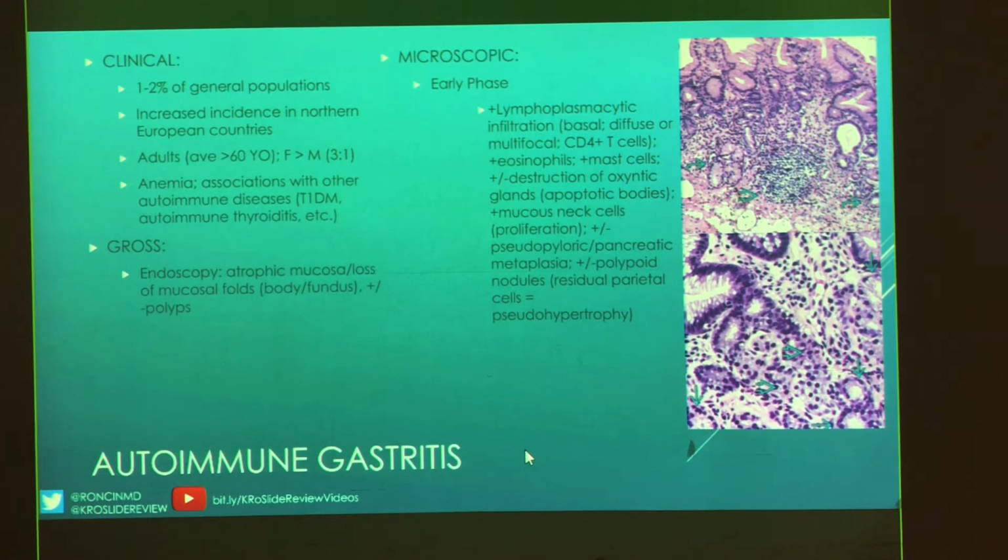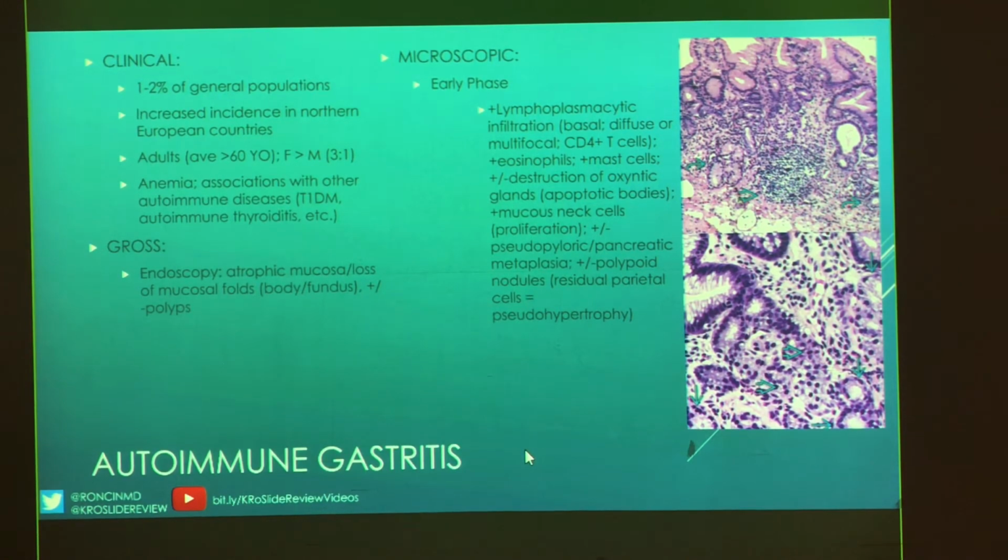Patients will typically present with anemia as well. However, what type of anemia? Pernicious anemia, yes, perfect. Pernicious anemia, which will be a megaloblastic anemia.